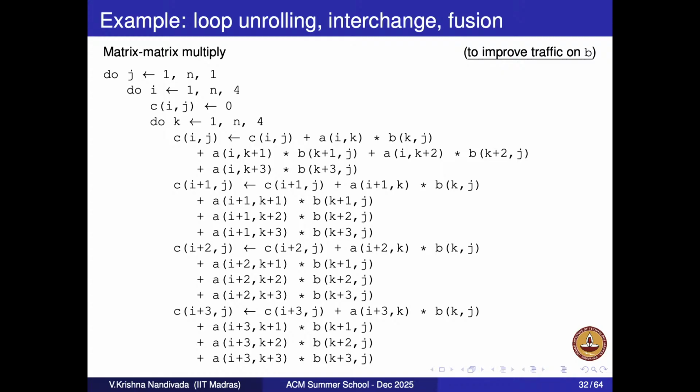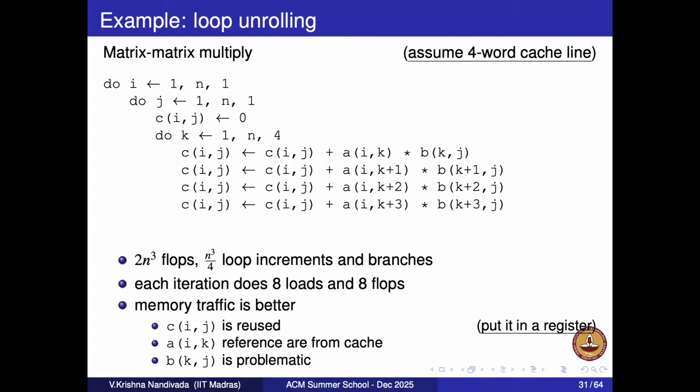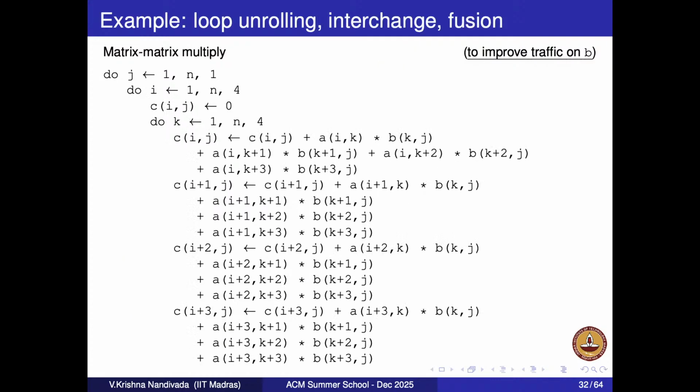So these two are unrolled, the K loop remained the same, and this whole thing was my previous body. Just for easy fitting in the slide, I kept this whole thing as a single statement. So this is for I, this is for I plus 1, this is for I plus 2, this is for I plus 3.